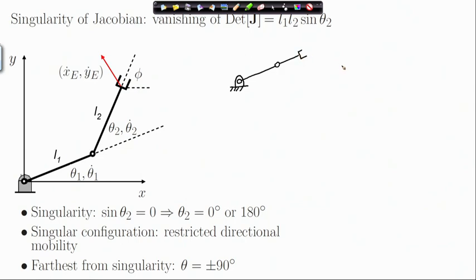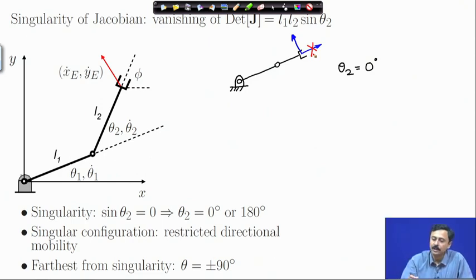So, here you have theta 2 equal to 0 degree. This is a singular configuration. Now, which end effector velocity cannot be produced? You can very easily see this, that you can produce a velocity in this direction, but you cannot produce velocity in the radial direction.